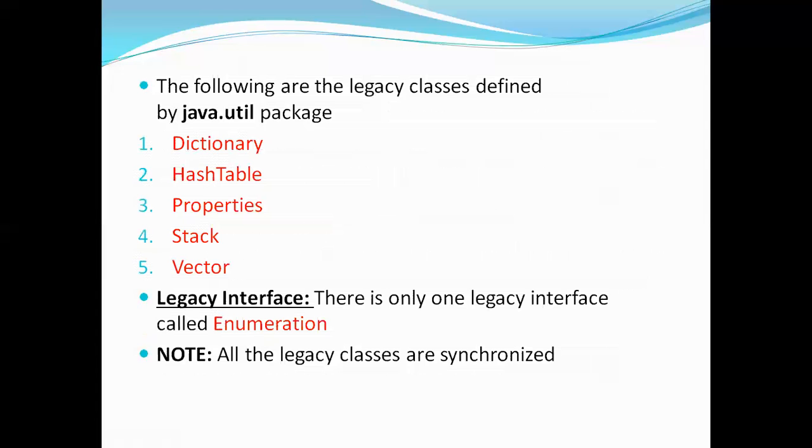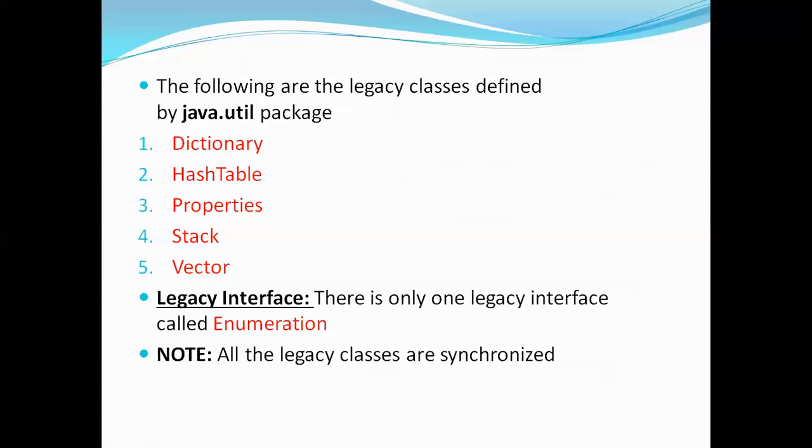Now let's see what is there in the legacy classes. We actually have five classes. What are those five classes? Dictionary, Hashtable, Properties, Stack, and Vector. Even in the collection framework we have most of these; Properties and Vector are not there, the remaining are.